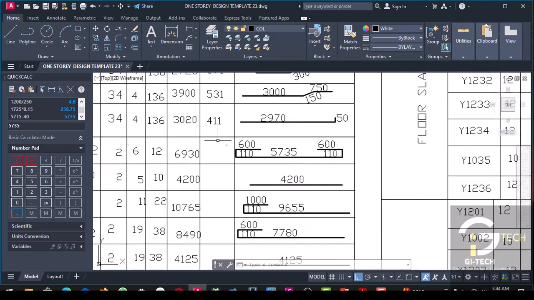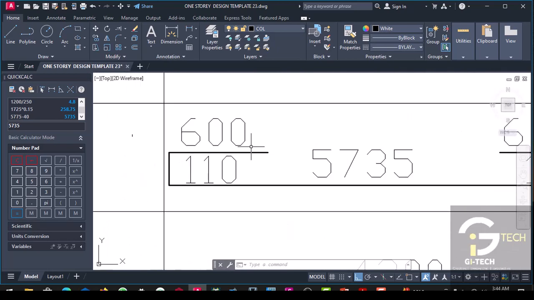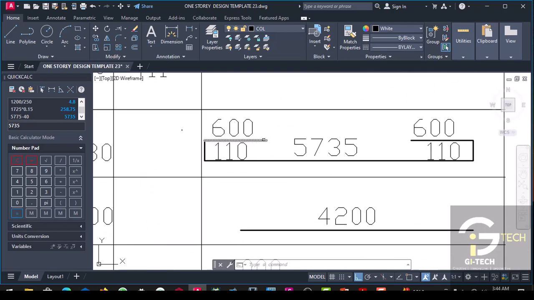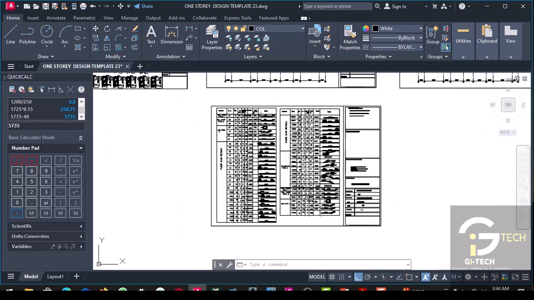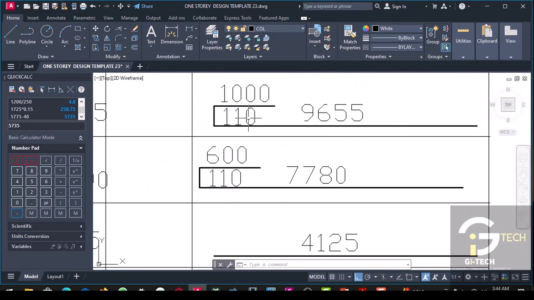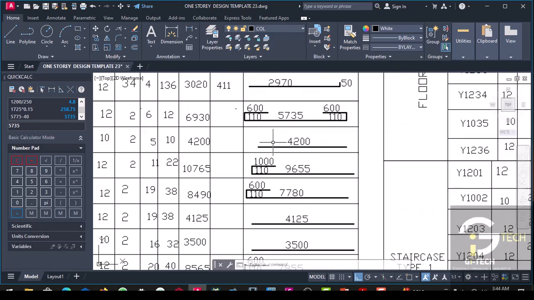So the next one is this returning length of the bar. We have established that our returning length bar should not be less than 0.15 L for this continuous edge.